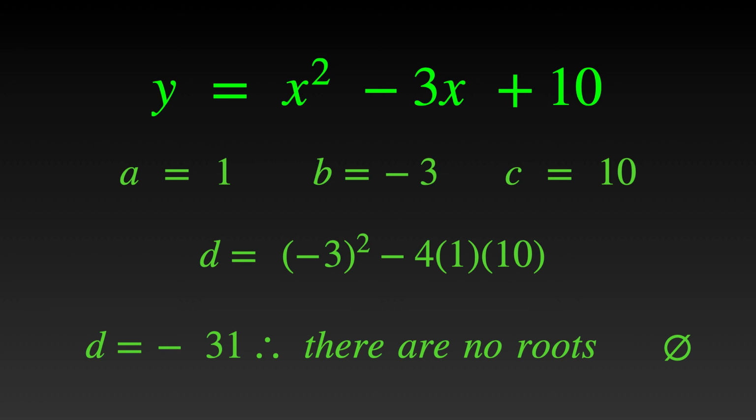Using the order of operations, D is going to be equal to negative 31. Therefore, there are no roots, 0 roots. If you see this little symbol over here, that means that there are no roots. It's called the null symbol. No roots, okay? Or there's no answer.